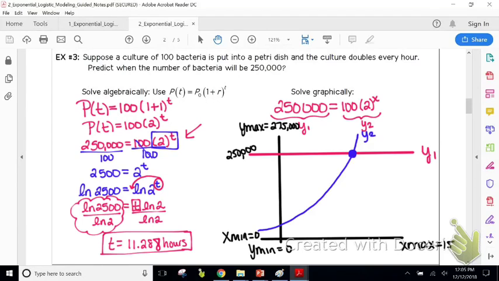Alright, so we graph it. We use the information we knew to figure out our window. And we're going to find that intersection. So you do your second calc, intersect, enter. And you get 11.288, comma 250,000.